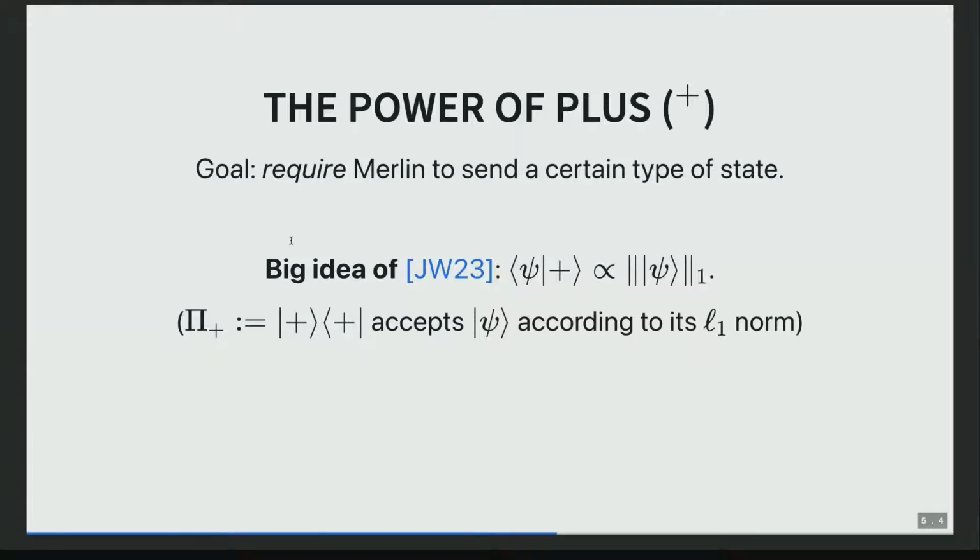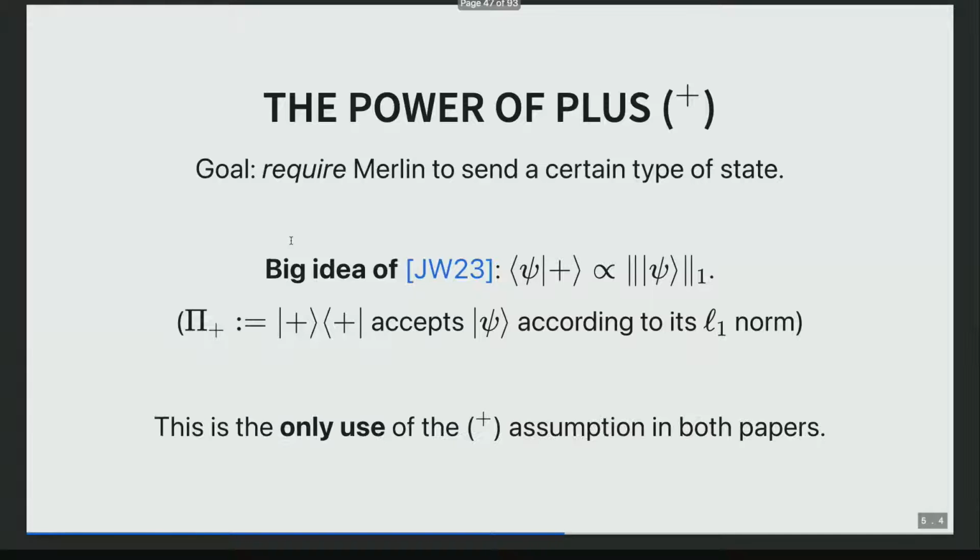So if you have a projector in the Hadamard basis and you look only at that 0th component, then you're going to accept a state with non-negative amplitudes relative to its L1 norm. I will say this is the only use of positivity in both papers. At the bottom of all of the positivity constraints is this object. We're going to use this object to guarantee a stronger kind of state that Merlin is sending us. But this is the key point.